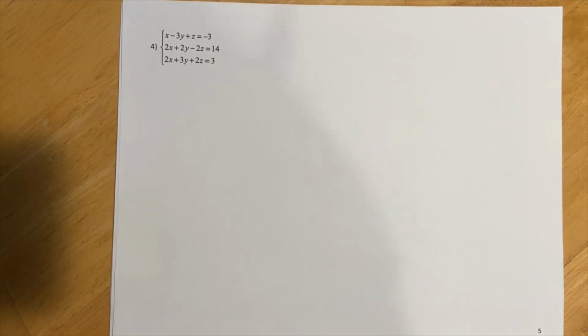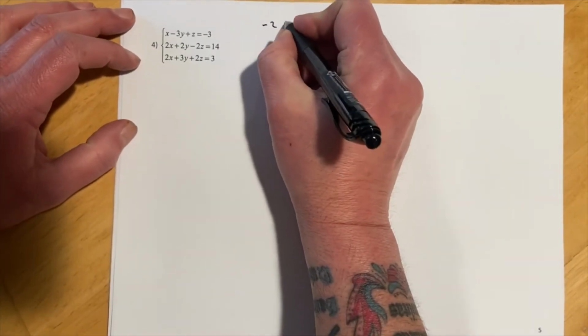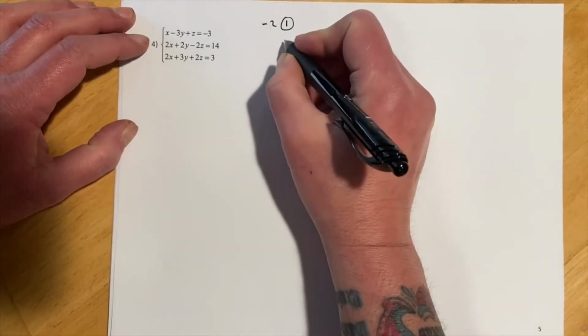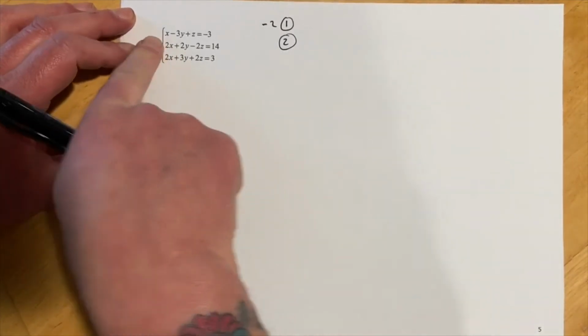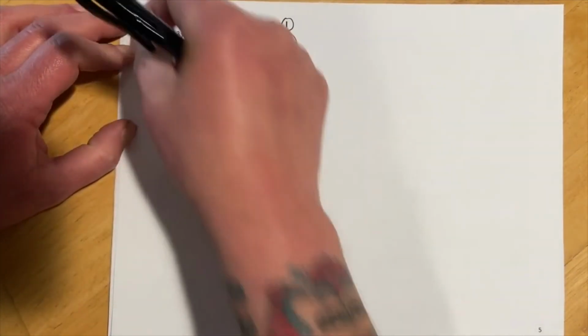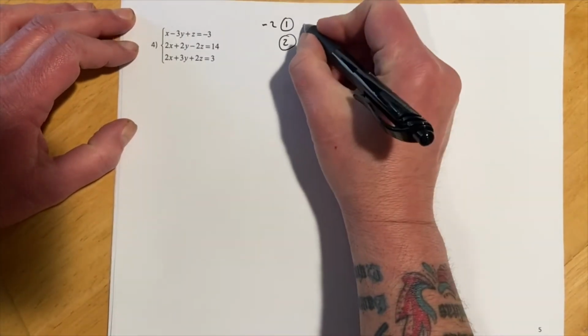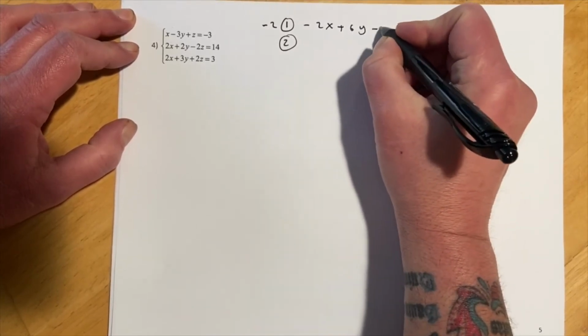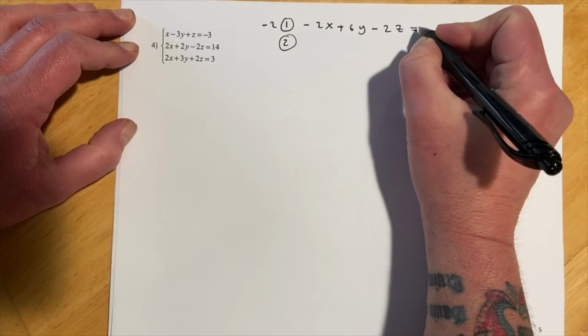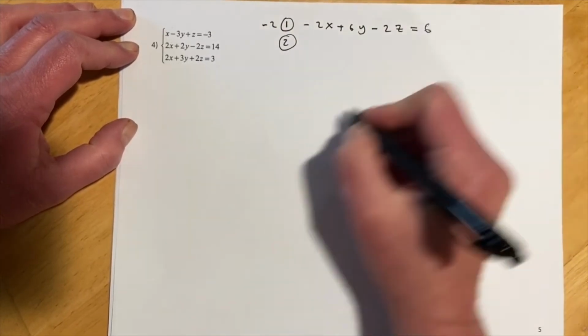So I'm going to do negative 2 times equation 1, and then add to that equation 2 right here. That's going to give me a negative 2x and a positive 2x, and that's going to make those drop out. So that will be negative 2x plus 6y minus 2z equals 2 times 3, 6.